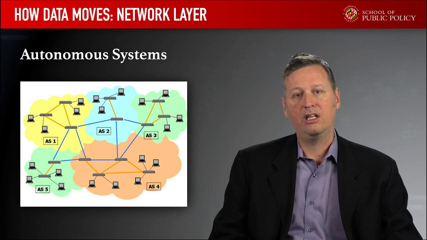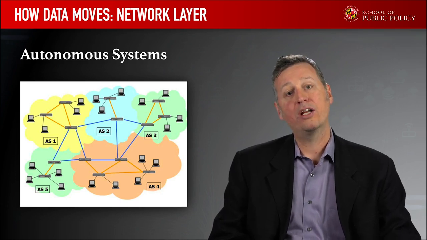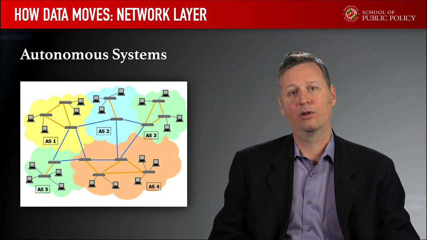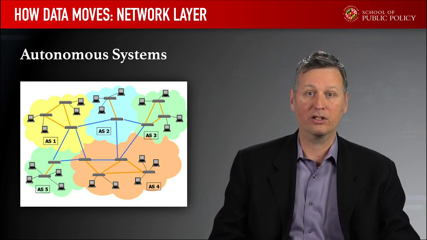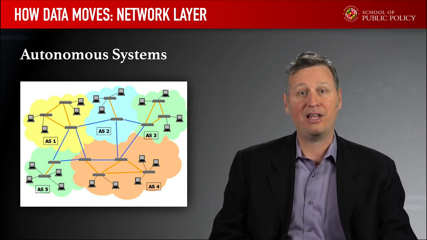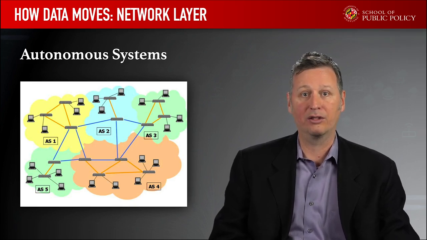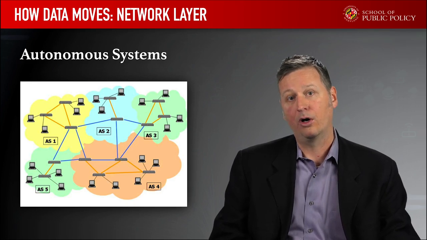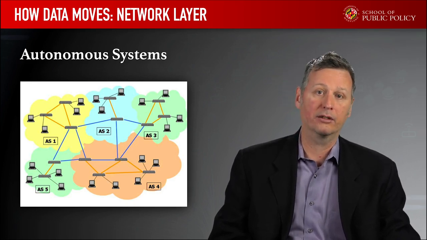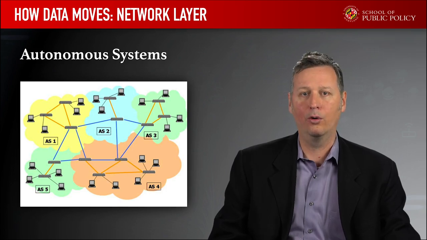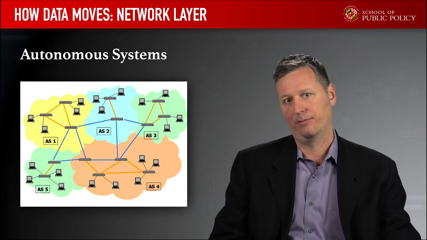So the autonomous systems can connect to one another, but the question is, which autonomous systems connect with one another and which ones don't? Because you can imagine there are tens of thousands of autonomous systems all around the world. Not all of them are going to be directly connected to one another. So how do we know which ones are connected to other AS structures?